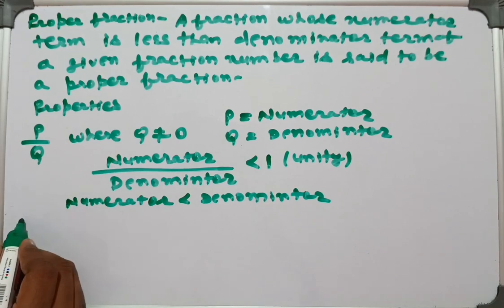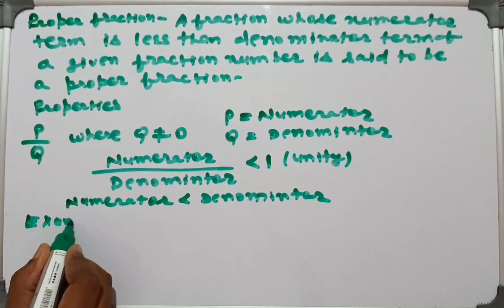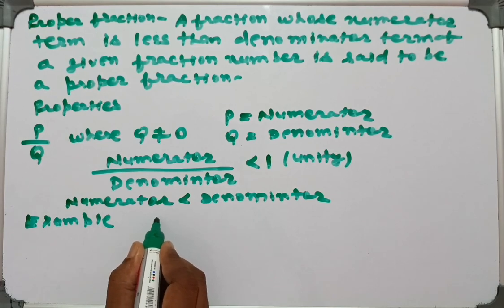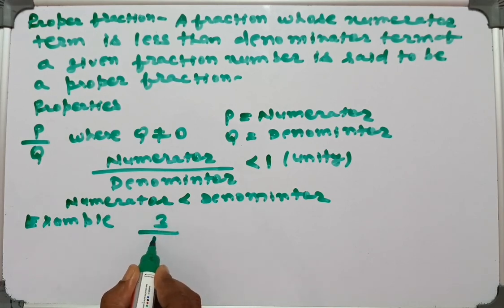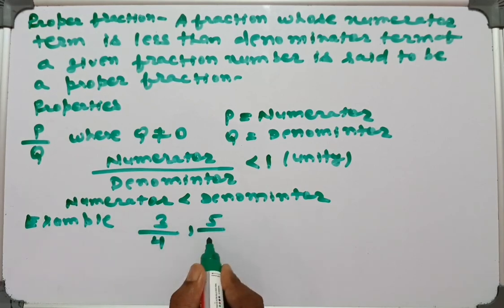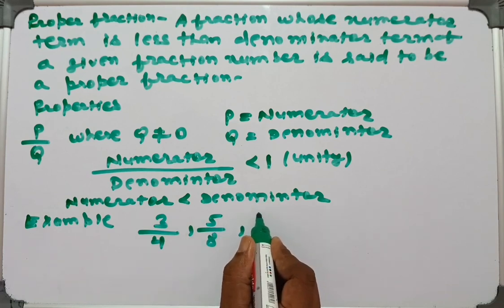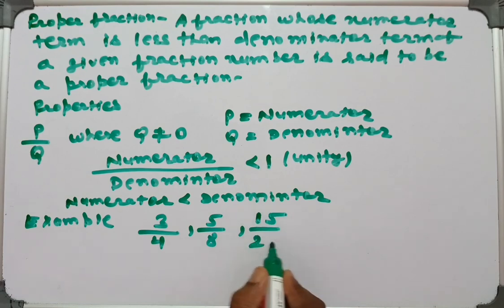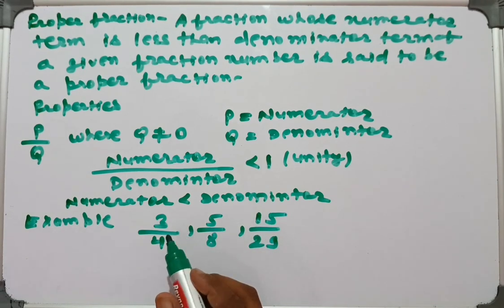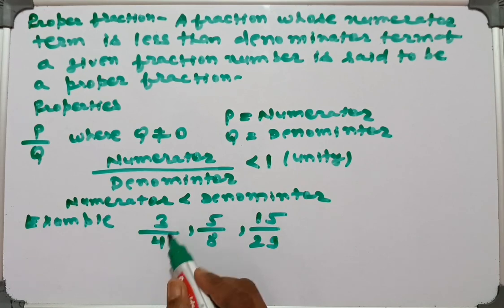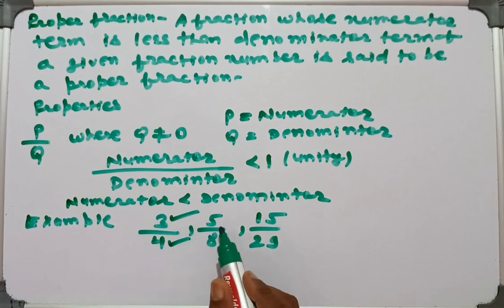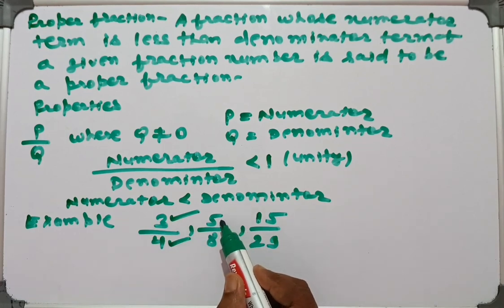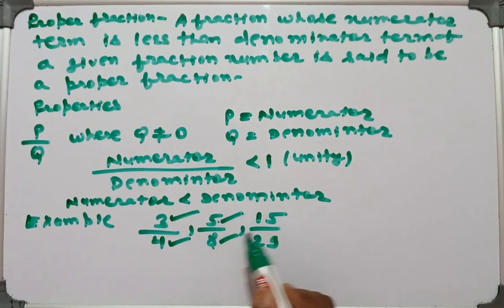Now see the examples here. Suppose one fraction number is 3 by 4, another is 5 by 8 and the third example is 15 by 29. See, in the first case 3 is less than 4, where 3 is the numerator and 4 is the denominator. In the second case 5 is the numerator, 8 is the denominator, and 5 is less than 8.